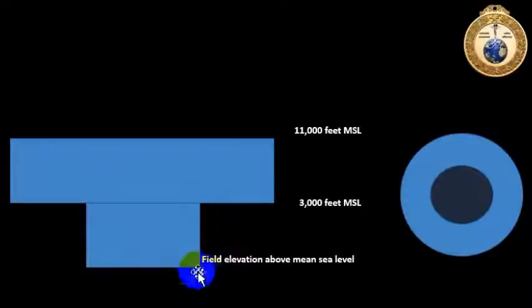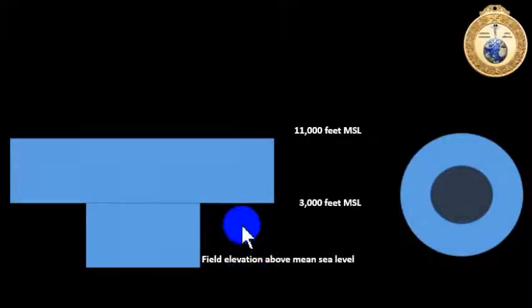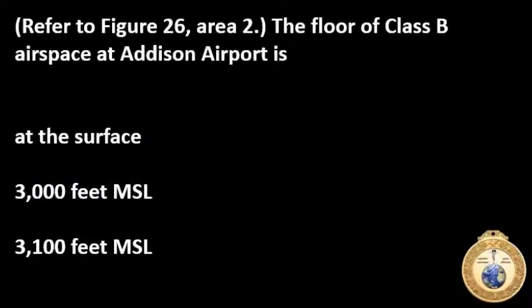So it's very, very important. The airport that's outside, or underlying the Class Bravo airspace is kind of like out here. And so if we go up, up, and up, all the way up to 2,999 feet mean sea level, so our answer is 3,000 feet mean sea level.